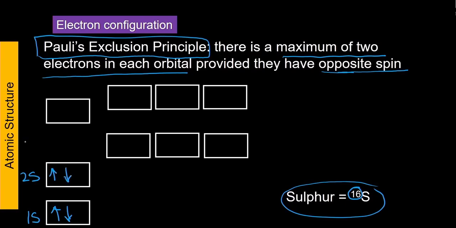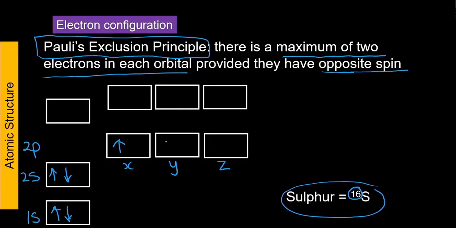Now we go to the 2p orbitals, x, y, and z. Now, electrons like to be on their own, so we're not going to place 2 together straight away. We're going to make sure that we've got at least 1 electron in each orbital.